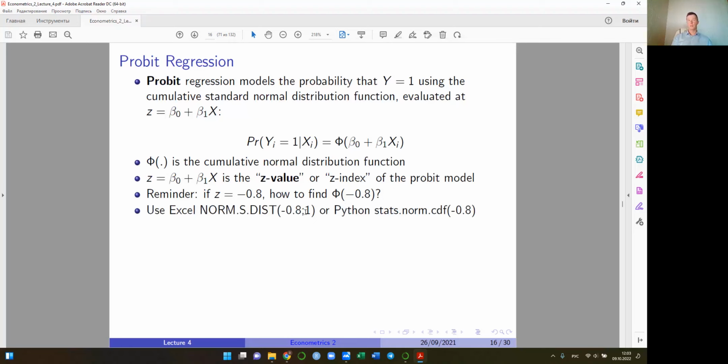So compare this result with the previous result in the linear probability model. We had something like 10.1, 16.2, so it was a 6.1% increase. Now we have almost the same 6.1% increase, but the values of probabilities slightly differ. So if PI ratio increases from 0.3 to 0.4, probability of a denial increases by 6.1%.